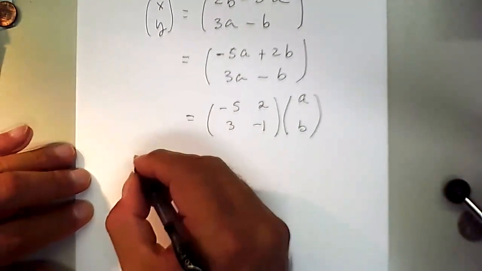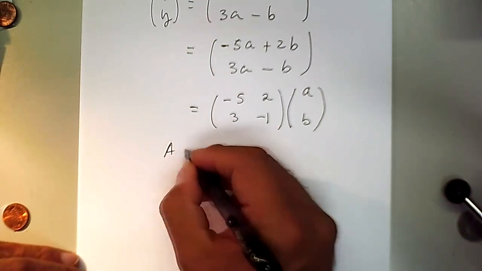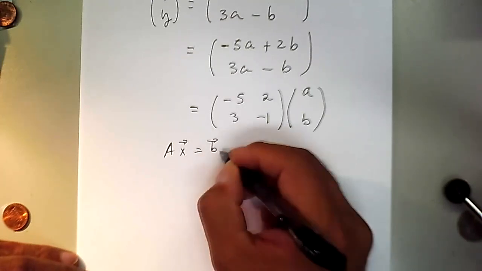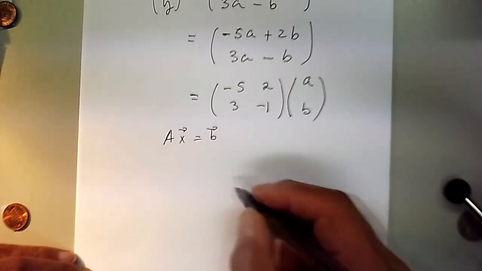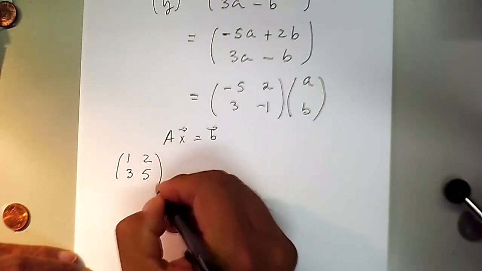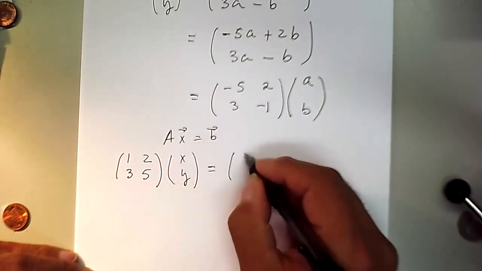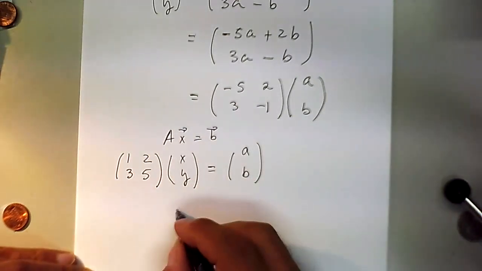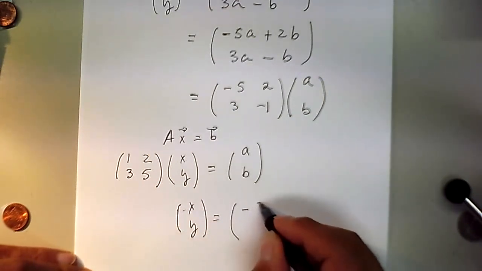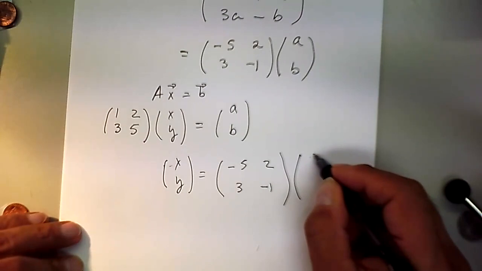So this is what we're getting to. If we have a system AX equals B, where X is a vector, B is another column vector, and A is a matrix, such as 1, 2, 3, 5 times X, Y equals a, b, we may solve for X, Y by multiplying negative 5, 2, 3, negative 1 with a, b.